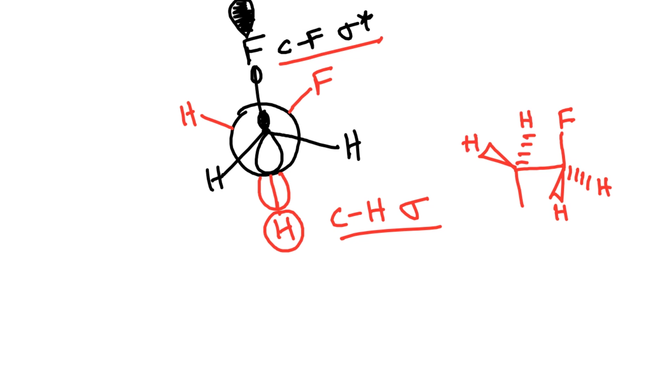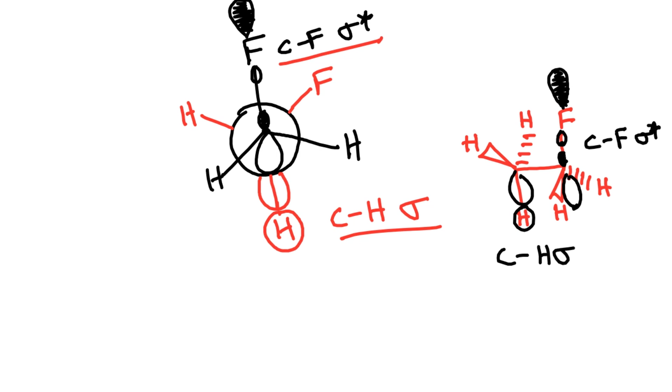Here we'll have a hydrogen atom, and another hydrogen atom. Now we are talking about the CF sigma star. So this is our CF sigma star, and here we have this CH sigma.